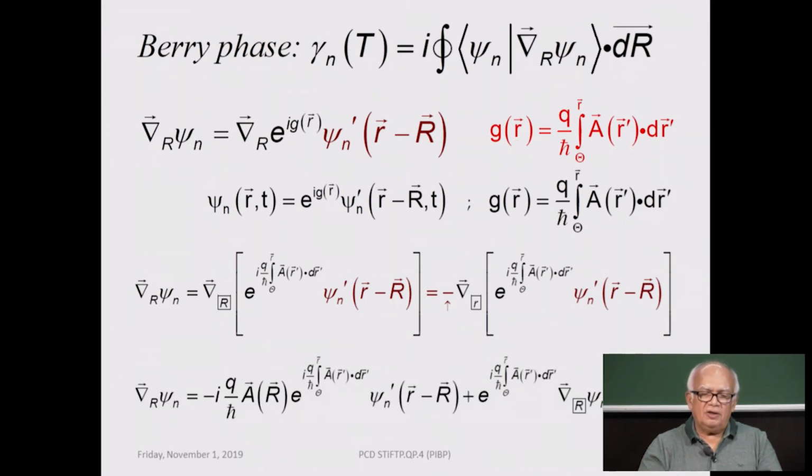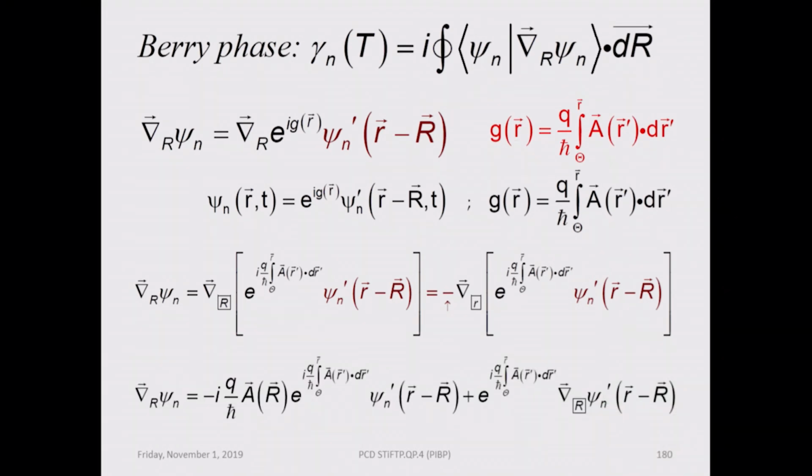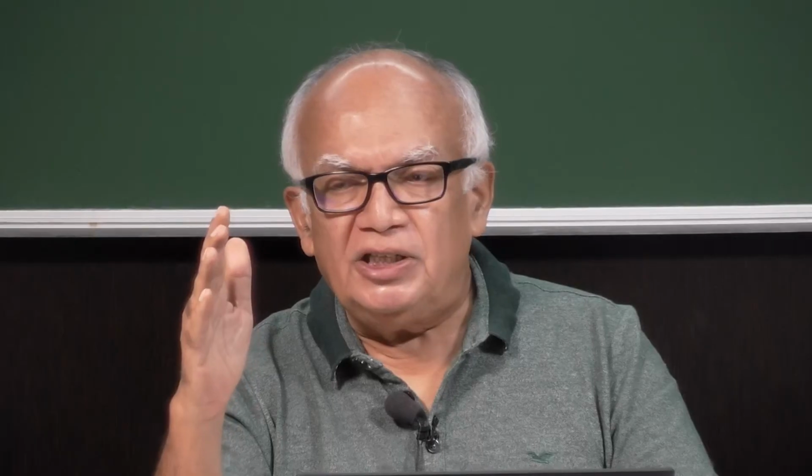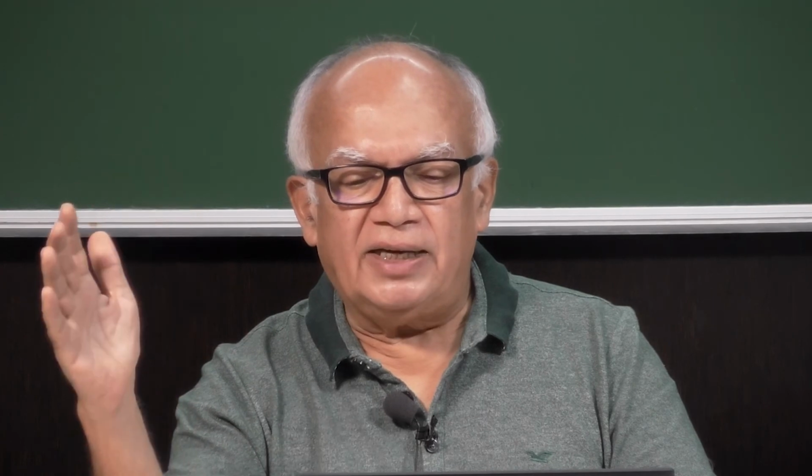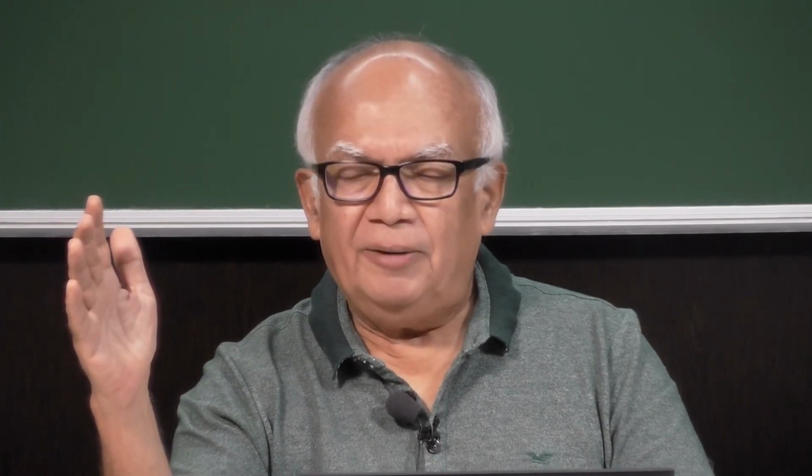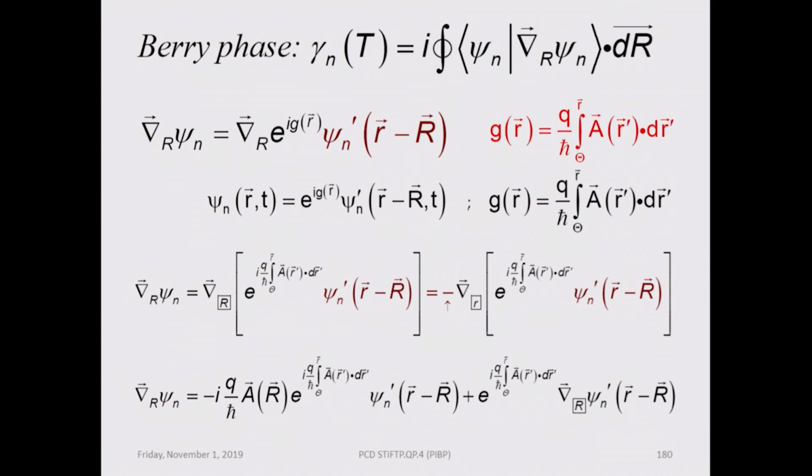So, now I take the gradient with respect to the lowercase r, and what is that? I have got the gradient of the first function times the second term, and then the first function times the gradient of the second term, okay. And the gradient of the second term will come with a minus sign if it is with lowercase r, or with a plus sign if it is with respect to the uppercase R. So, you can play with that.